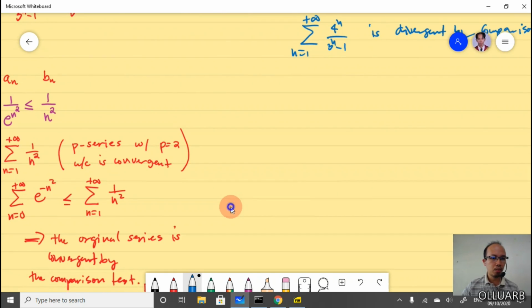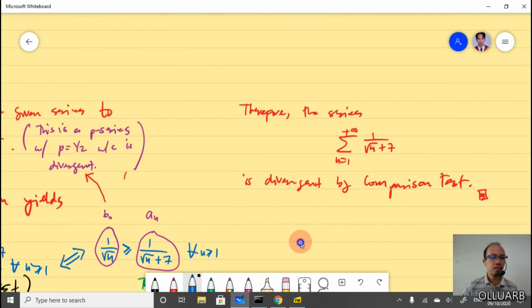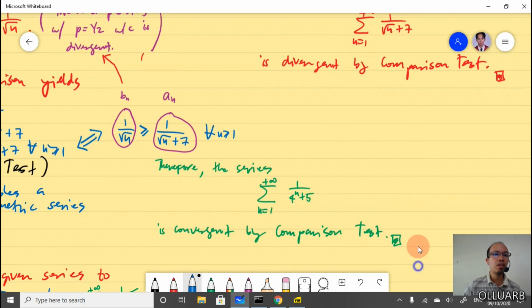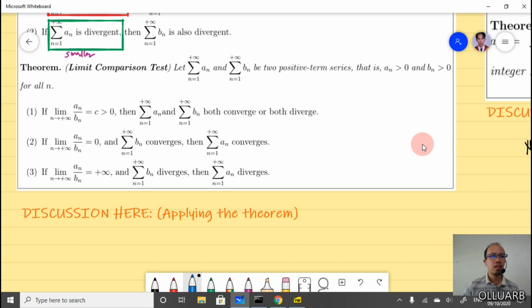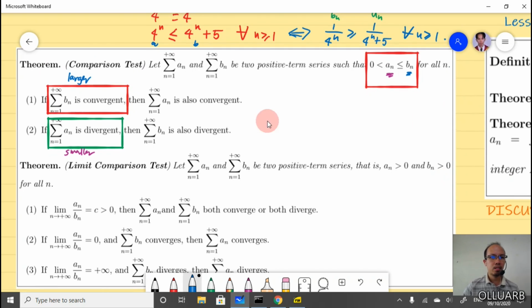So let's go back to our theorem. Says here, if the bigger series is convergent, then the smaller series is also convergent.